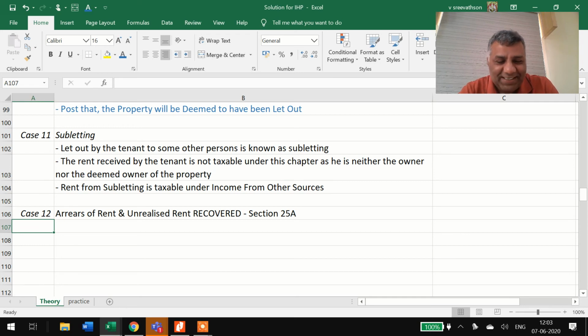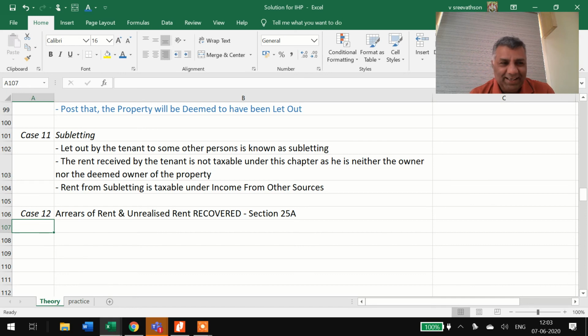So the difference is: arrears of rent is realized but not received, while unrealized rent is neither realized nor received. It is very confusing. Okay, fine. Seemingly the same terms, but a lot of difference.